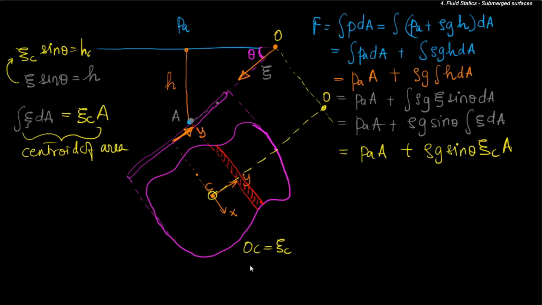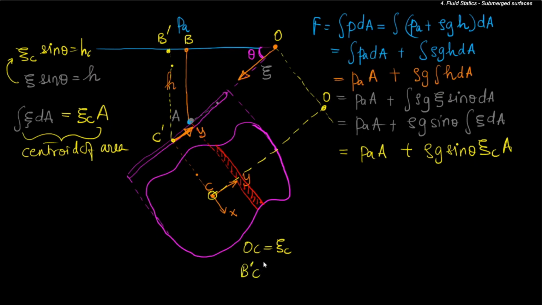and if I call this C, not C because we have used it, let me call it B. So B, rather, if this is the centroid, let me extend it to this point. So if this is C prime and this is B prime, then B prime C prime is the depth of the centroid from the free surface.